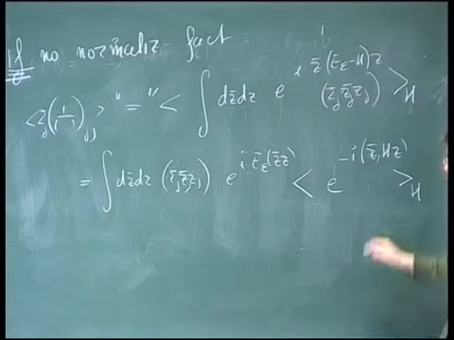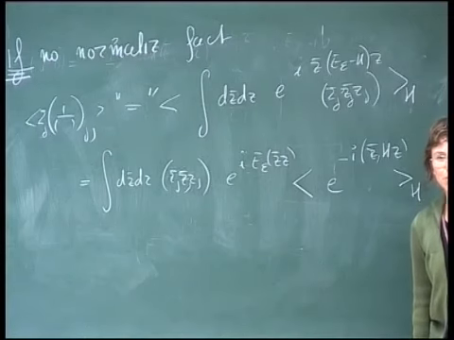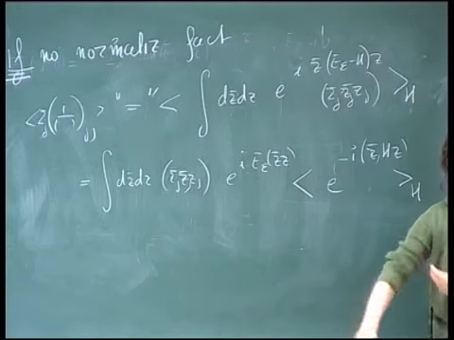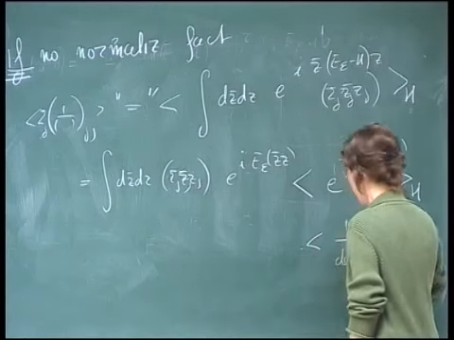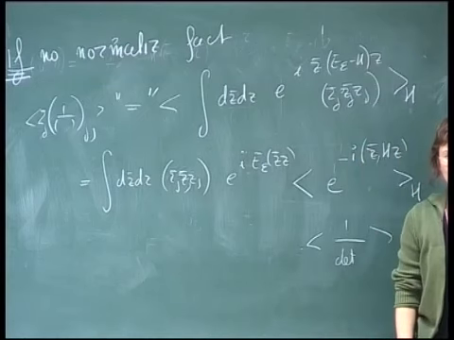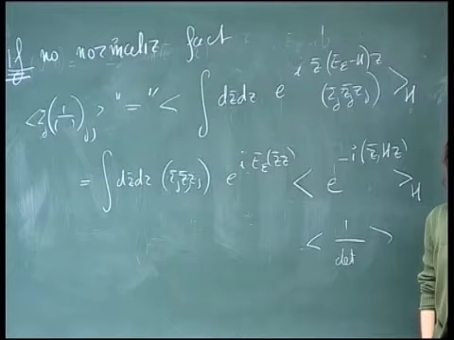But that's exactly the expression you have seen this morning or 2 days ago. And so now you understand why it was so important to study averages of 1 over the determinant, because then you end up with this.